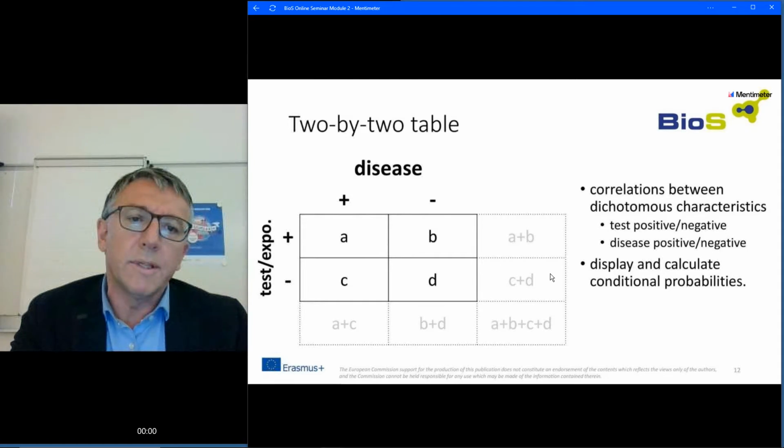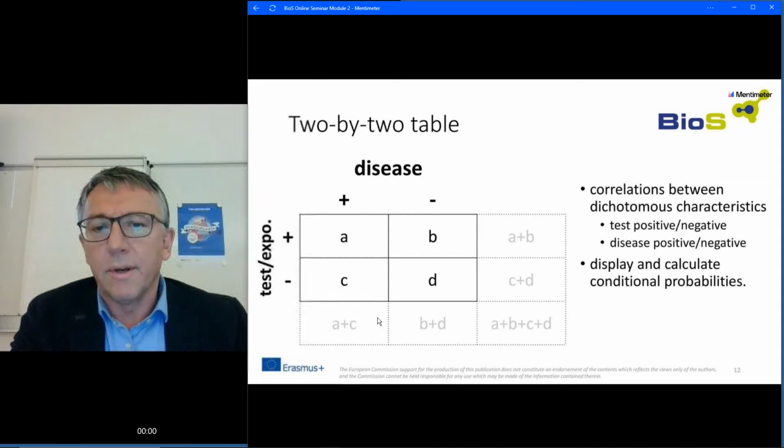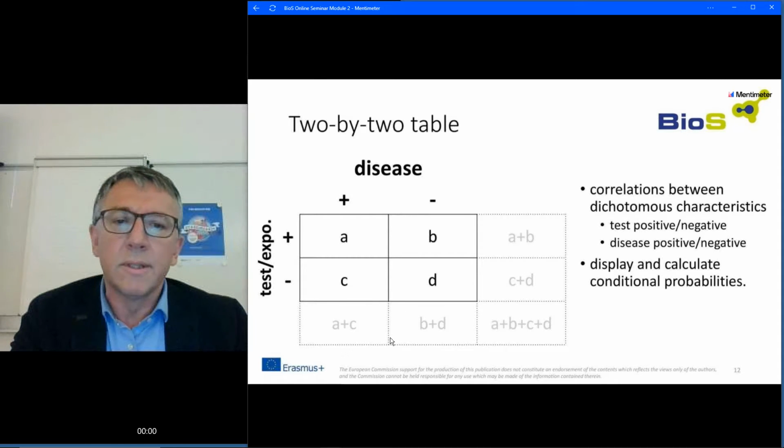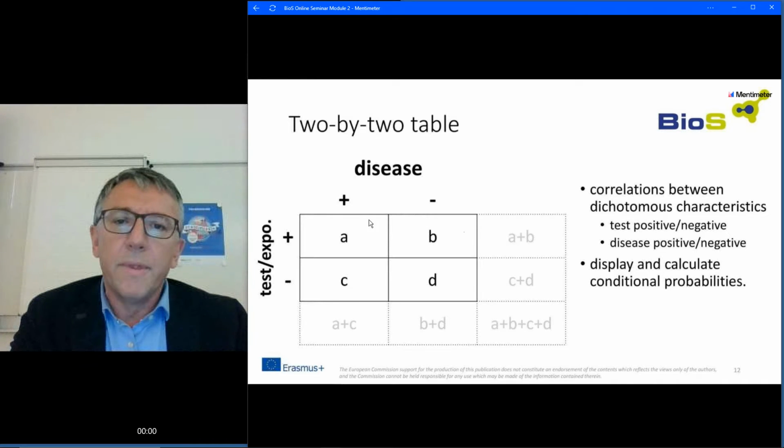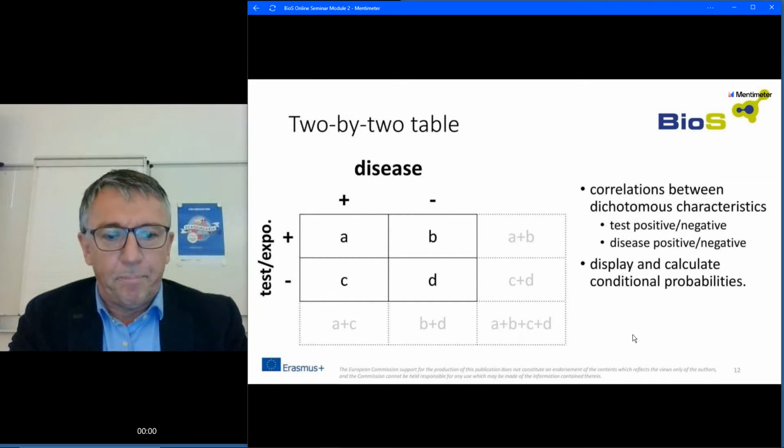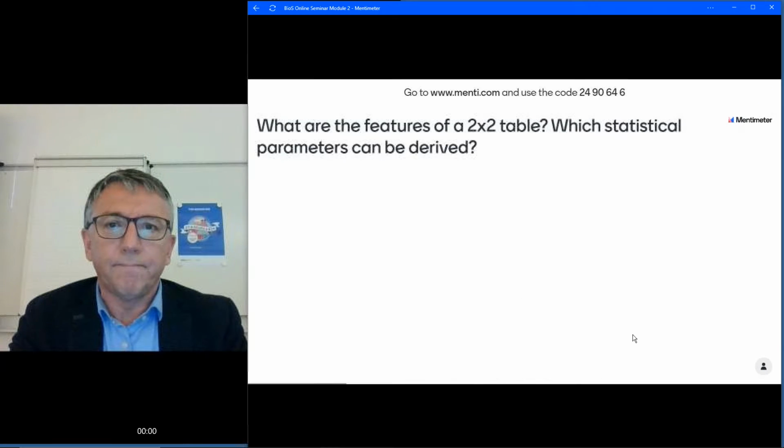Those are the number of people that have been tested negative. Those are the number of people that have the disease. And those are the numbers that don't have the disease. And so from this, these ABs can calculate all these different parameters.